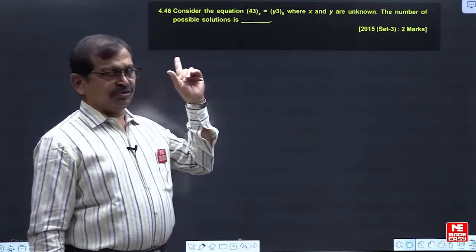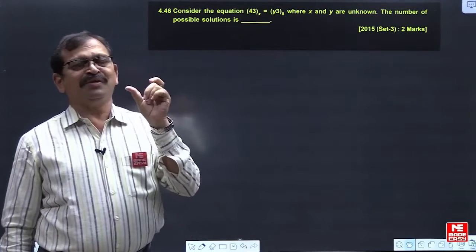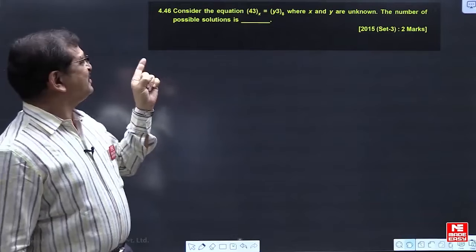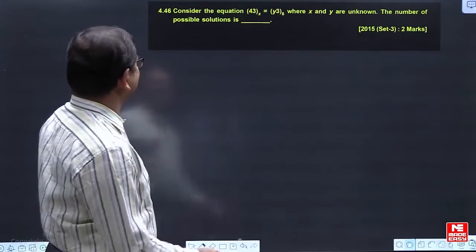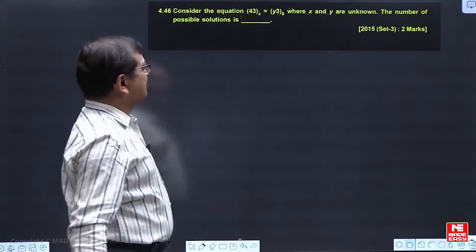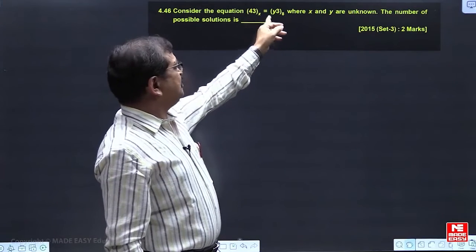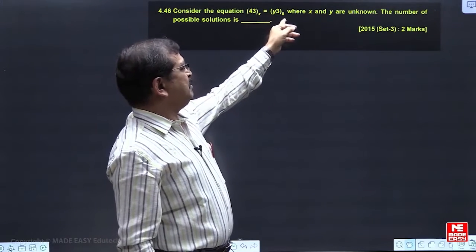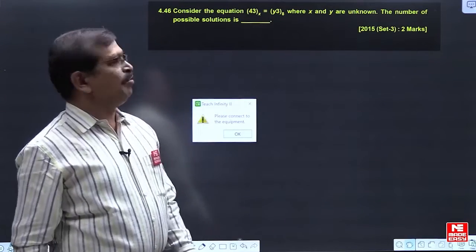If you look at this question, it was asked in GATE 2015. The question is related to the number system. Consider the equation 43 base x is equal to y3 base 8, where x and y are unknown.